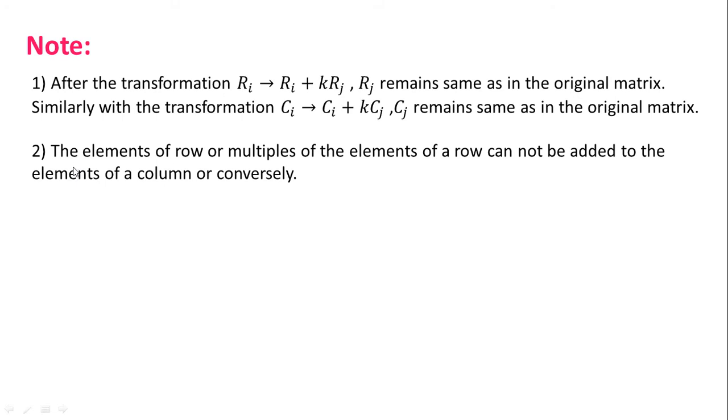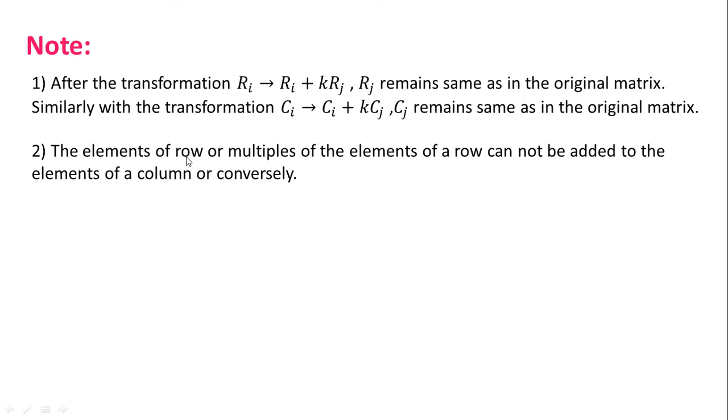Now the second note. See here, the elements of a row or multiples of the elements of a row cannot be added to the elements of a column, or conversely. This means if you want to perform a row transformation, do not use a column, or if you want to use a column transformation, then do not use a row.